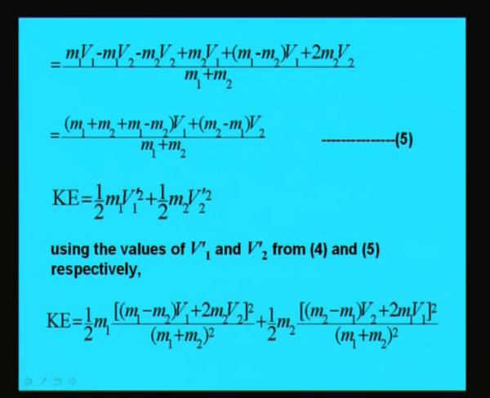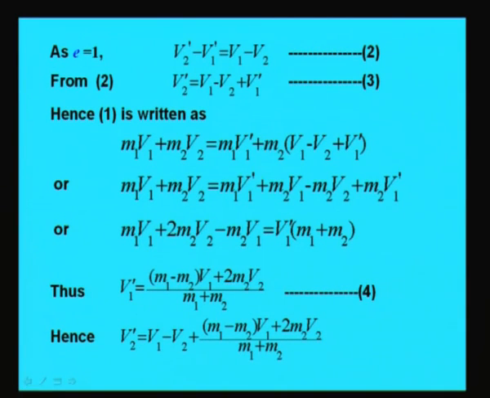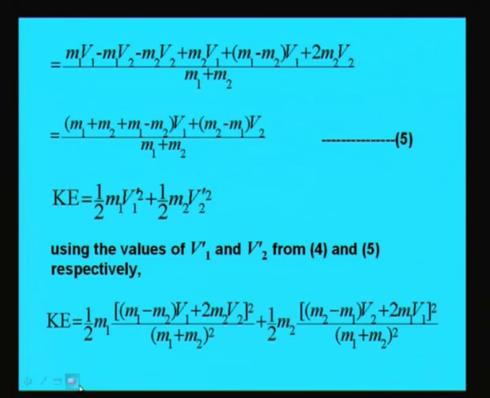Or we write this as ((M1 plus M2) plus (M1 minus M2)) V1 plus (M2 minus M1) V2, divided by M1 plus M2. Now this is the expression for V2 prime. So we have the expression for V1 prime given by equation 4, and the expression for V2 prime given by this equation.